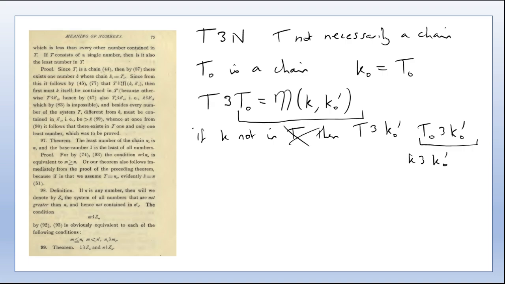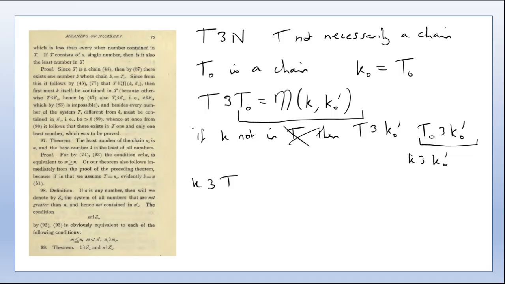So we don't have this happening. So K is a part of T. Besides, every number of the system T different from K must be contained in K0 primed. Yeah, so T is part of T0, which is the system compounded of K and K0 primed.